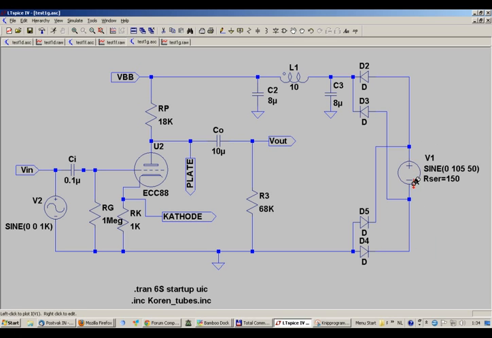We have here a variable transformer, a bridge rectifier, and an RLC filter. This coil has a high internal resistance, which adds to the characteristic of the filter. And this will give us a DC voltage of 100 volt here at VBB.